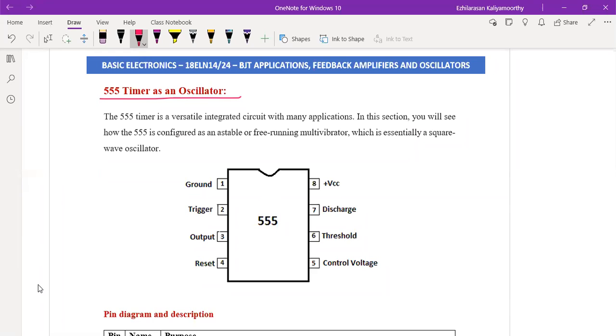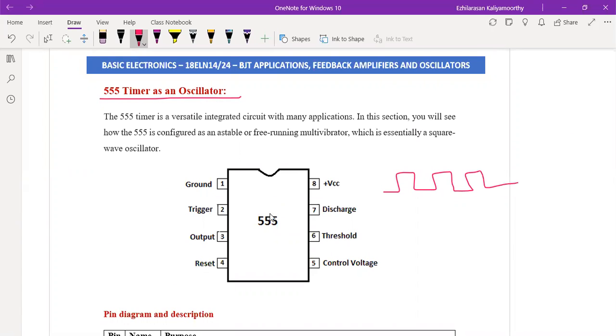Now let us see how it is configured as an astable or free running multivibrator. Normally, it is essentially a square wave oscillator, which will generate a square wave output. This is what we can say: the 555 timer will generate a square waveform output.